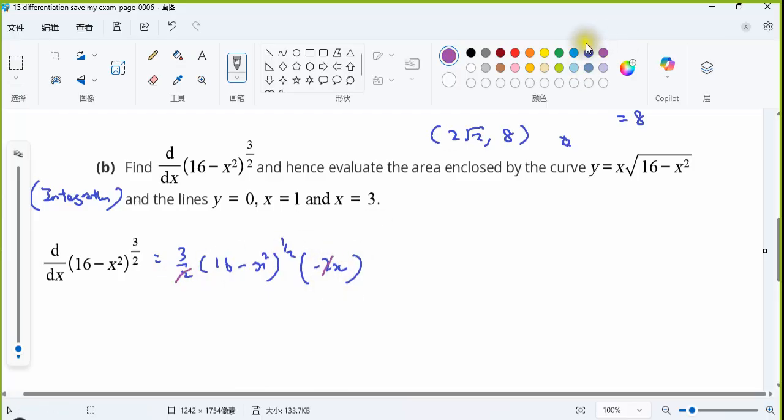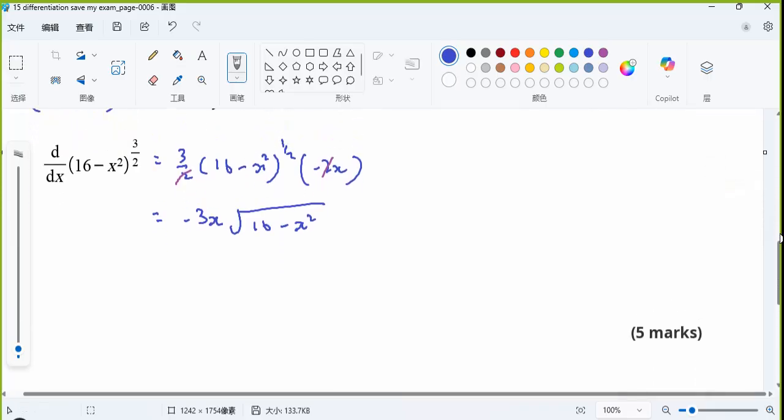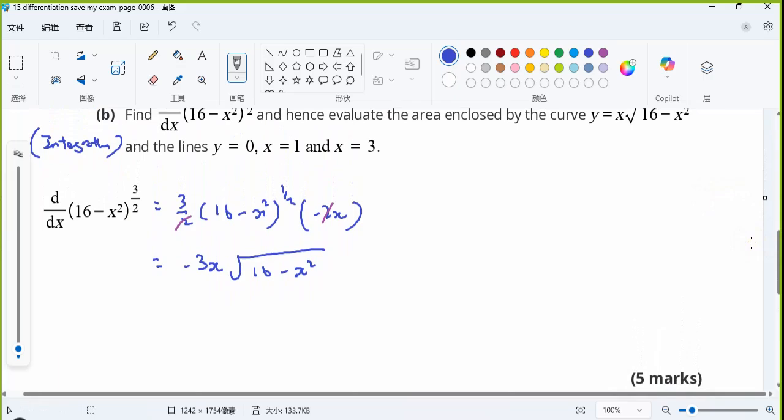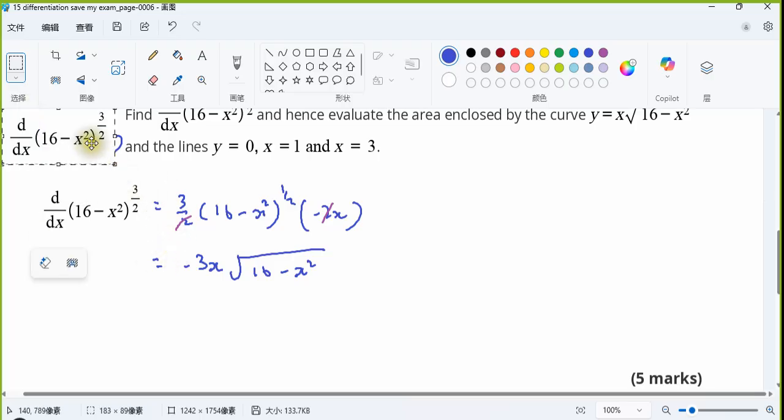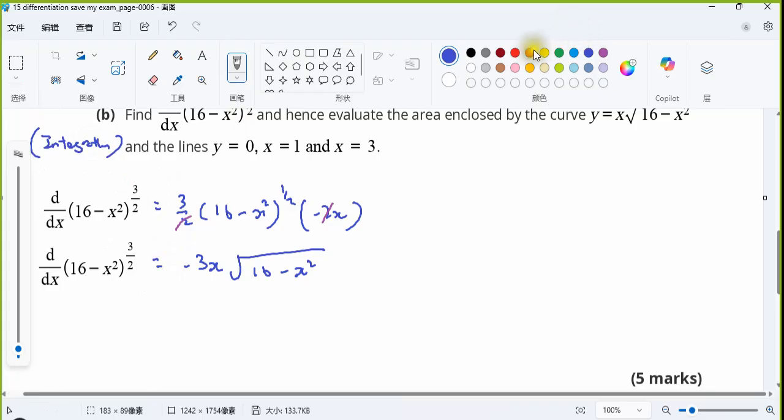Then cancel. Then we will have negative 3x square root 16 minus x squared. So from here, we have this equal to this. Then we integrate both sides.